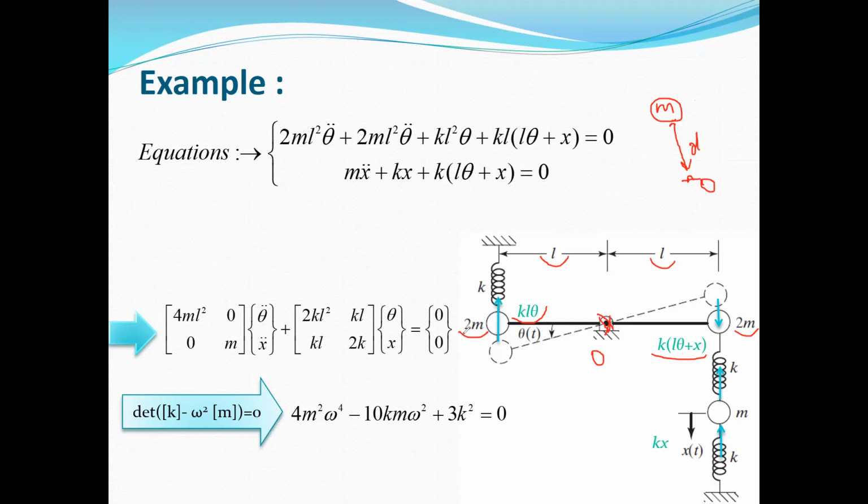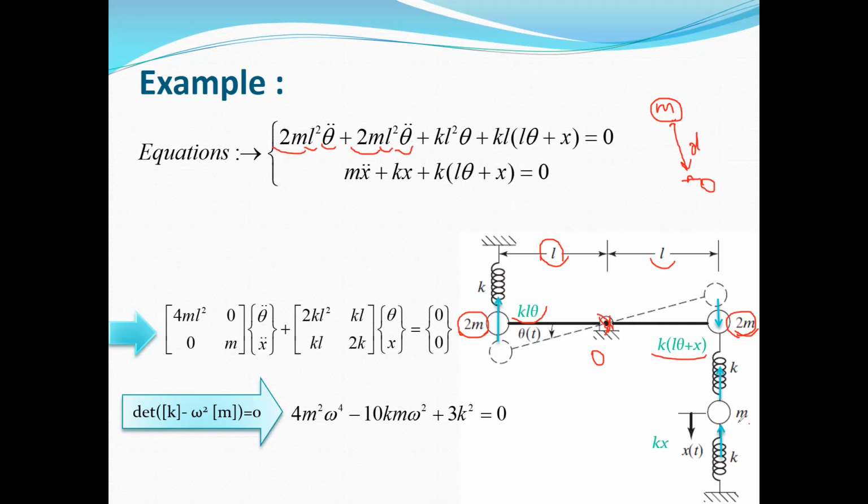In this case, the mass is equal to 2m and d is equal to L. So it's equal to 2 times m times L squared multiplied by theta double dot. And also we have another mass 2m on the right side, so it's equal to 2m times L squared times theta double dot.